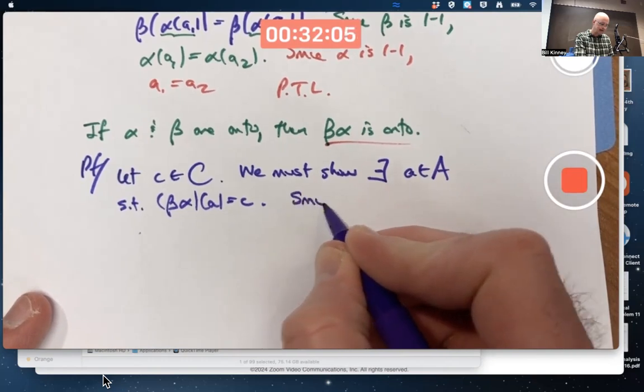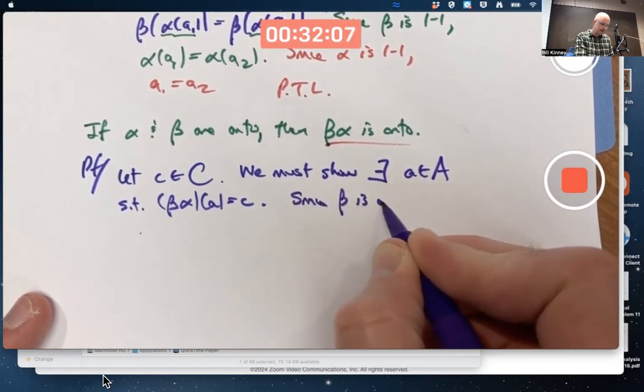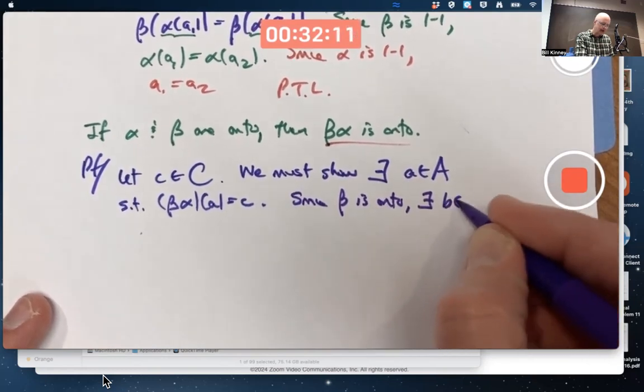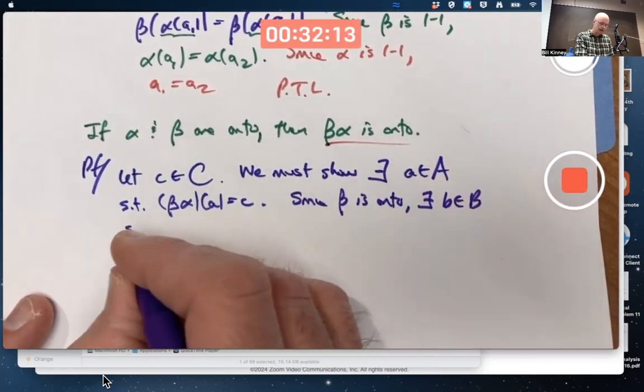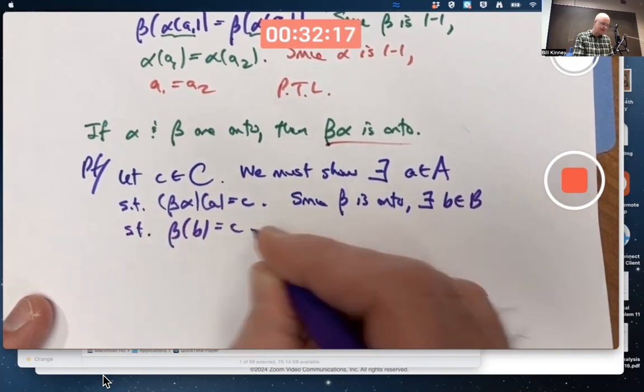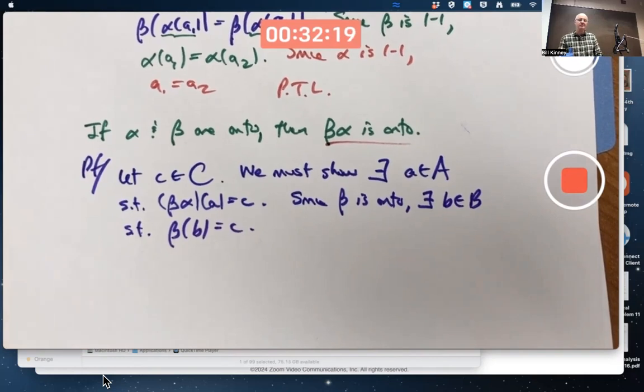Since beta is onto, what does that mean? It means there exists a little b in capital B such that beta of B equals C. What's my goal?